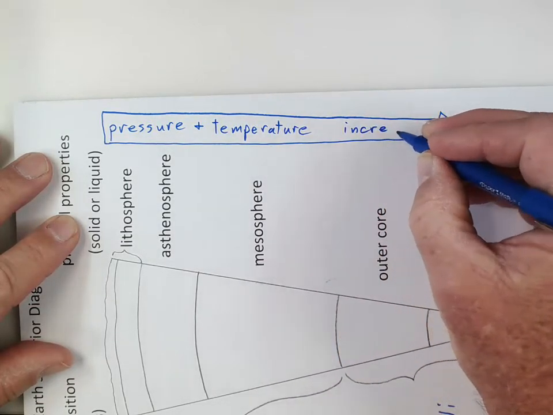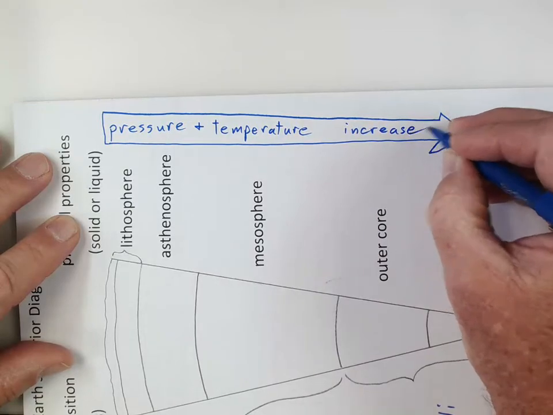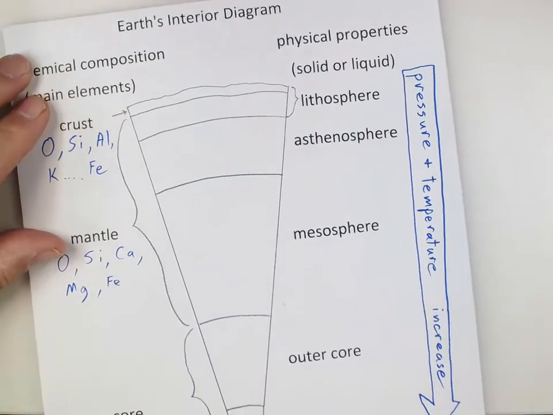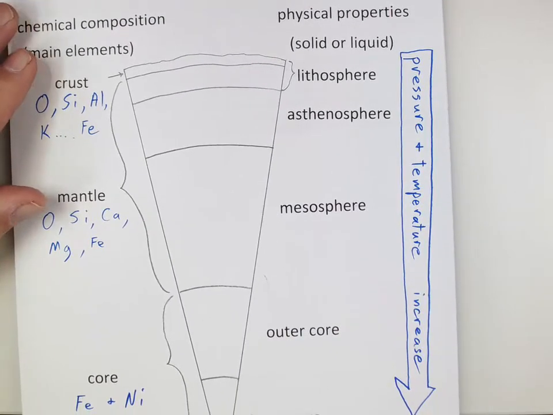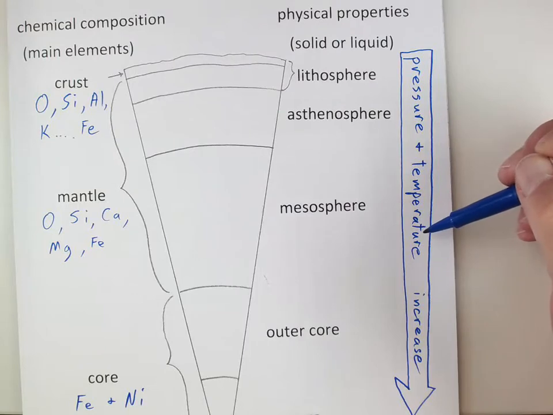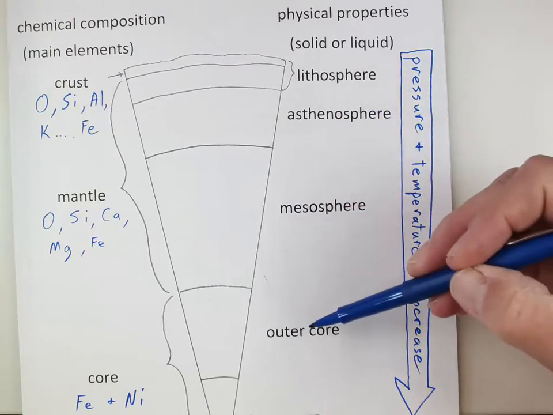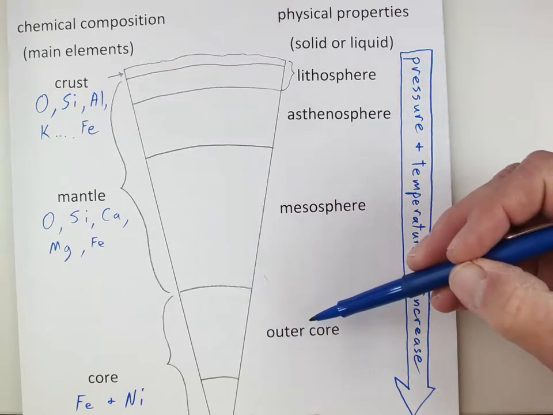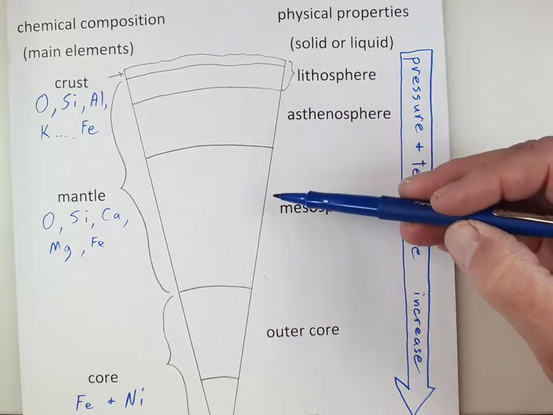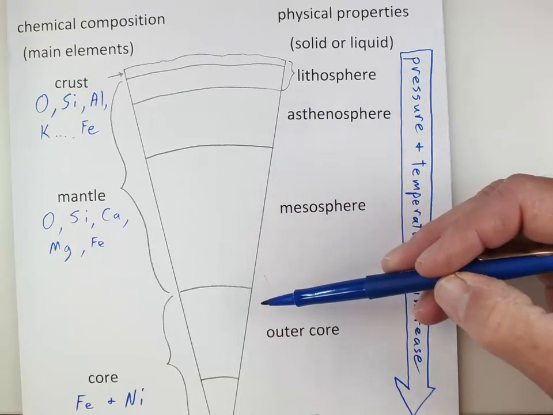But these are two important trends for you to understand about Earth's interior with regard to physical properties. The reason temperature increases is that within the core we have a high concentration of radioactive elements. They're in the process of decaying. As they do so, they release heat. So the closer you go to the core, the hotter it gets.